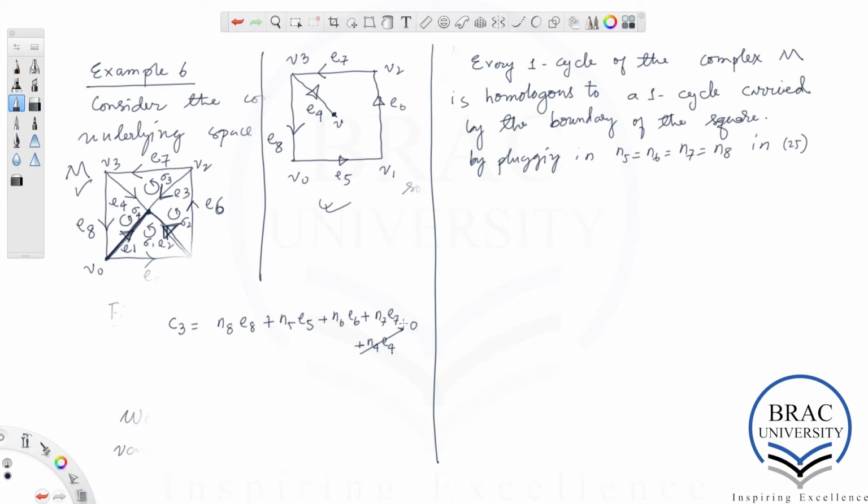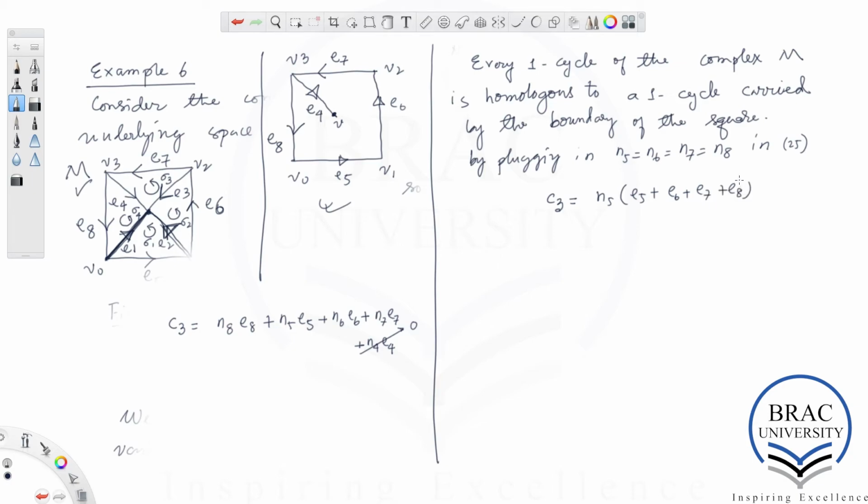When we take C3 to be a one cycle, the N4 term goes away, and all these coefficients are the same: N8, N5, N6, and N7. So one finds that the expression of this one cycle is N5 times (E5 plus E6 plus E7 plus E8).